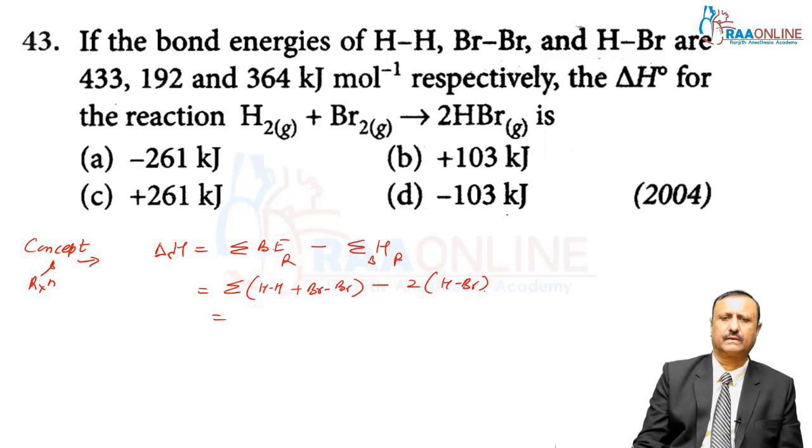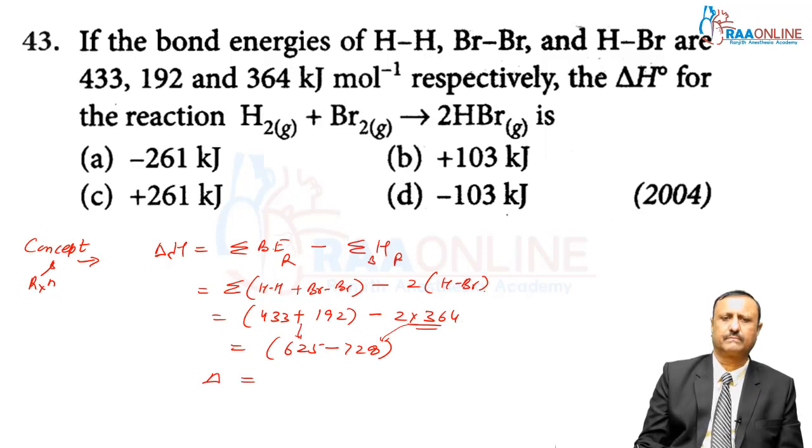So, we can take here 433 plus 192 minus 2 into 364. Now, we can take 625 minus 728, because when it is multiplied you get this 728 and the plus you get this.